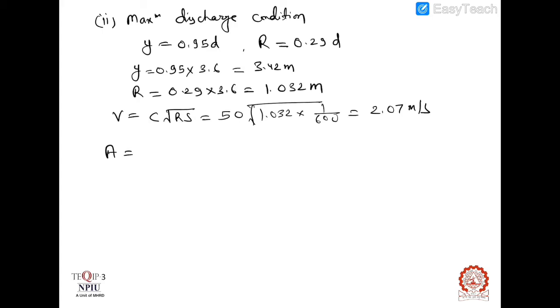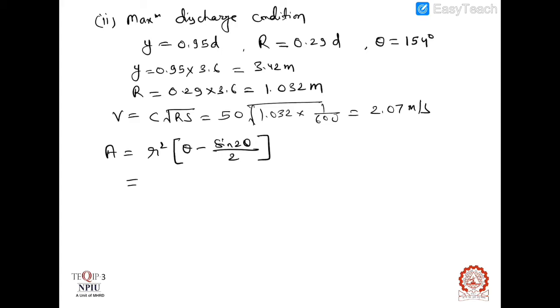A is equal to, the formula is R square into theta minus sine 2 theta divided by 2. Here the theta value for maximum discharge is 154 degree.